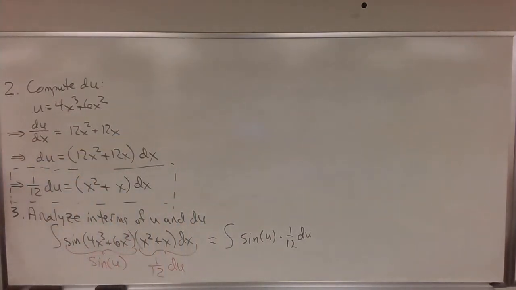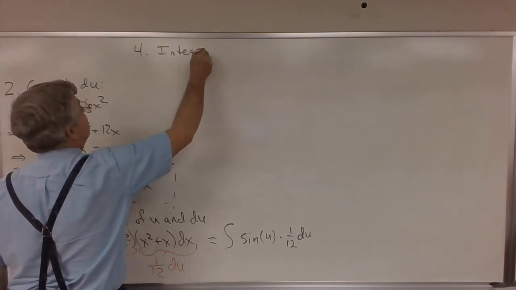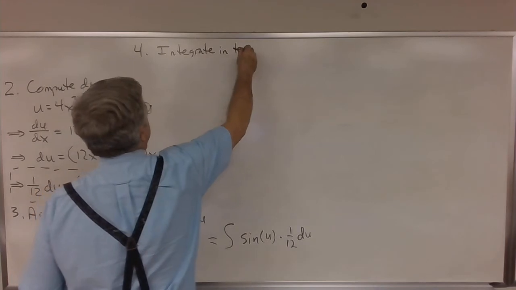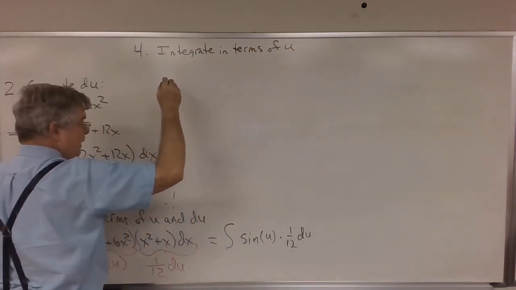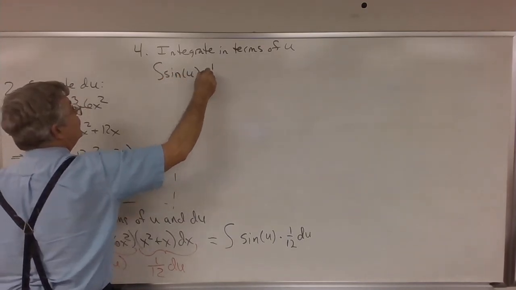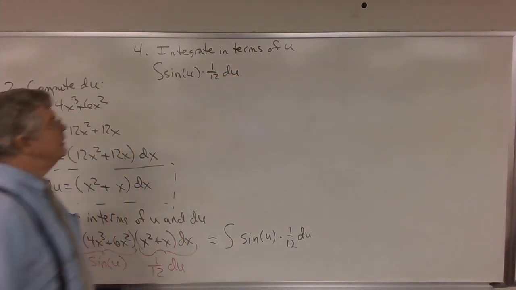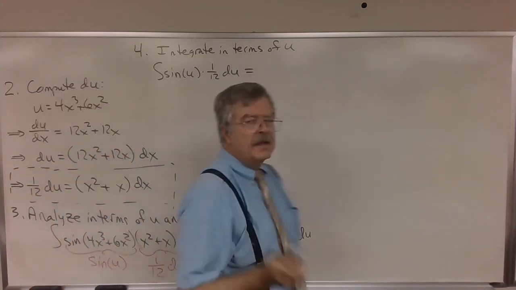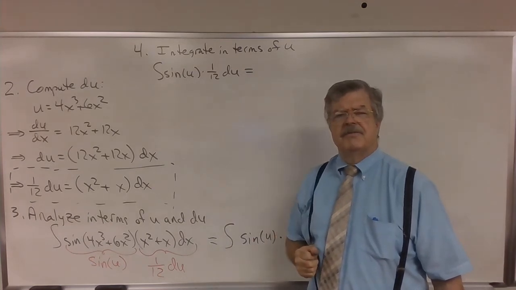So I've done step 3. Step 4, integrate in terms of u. So I have sine of u times 1/12 du. And let me ask you something. Multiplication's commutative, right?